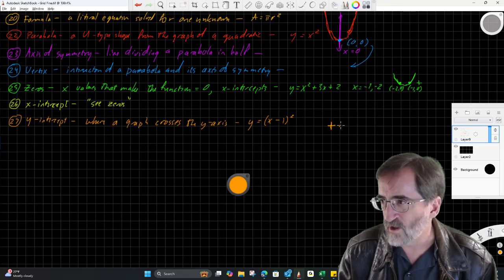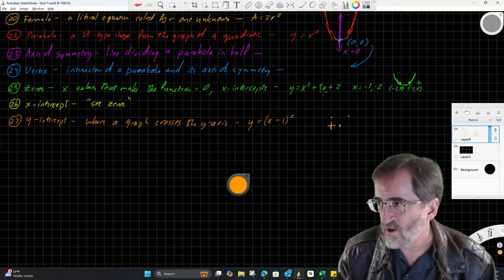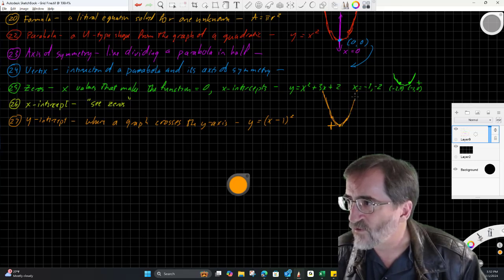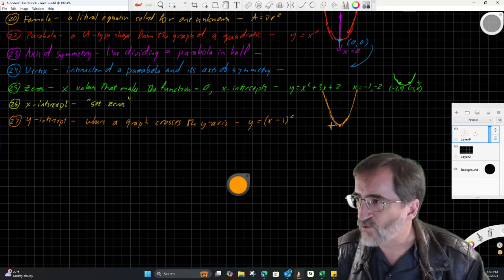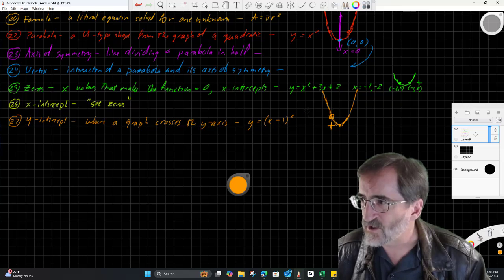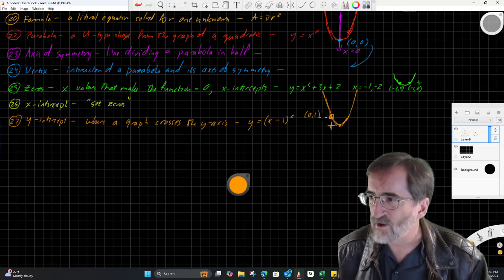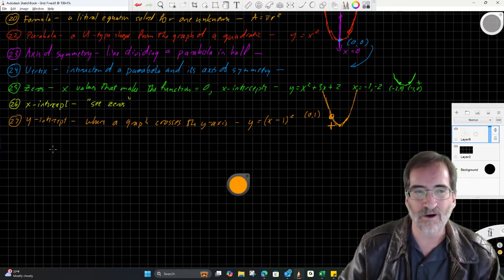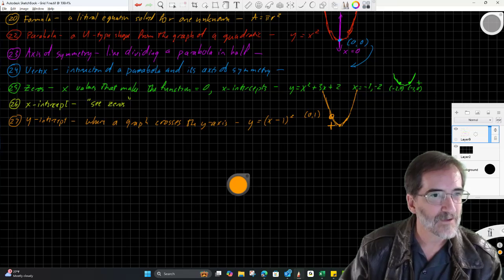It's moved over 1, and it crosses right here. Okay, and its y-intercept is right here. Y-intercept is 0, 1. It's where it crosses the y-axis. All right, that's it. Good list.